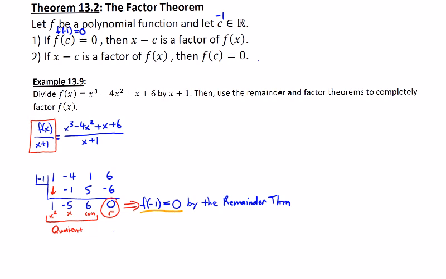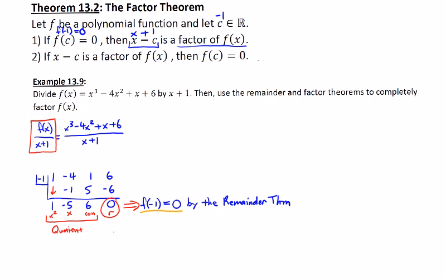So if we have f of c equal to 0, then what can we conclude? We can then conclude that x minus c is a factor of our function f of x. So x minus c is the x plus 1 that we were using in the division.